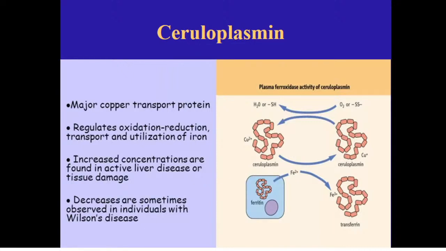It doesn't transport iron itself, but due to the oxidase activity, iron from the ferritin from the tissues can go to the transferrin, which interacts only with iron 3+, and ceruloplasmin is helping in this.